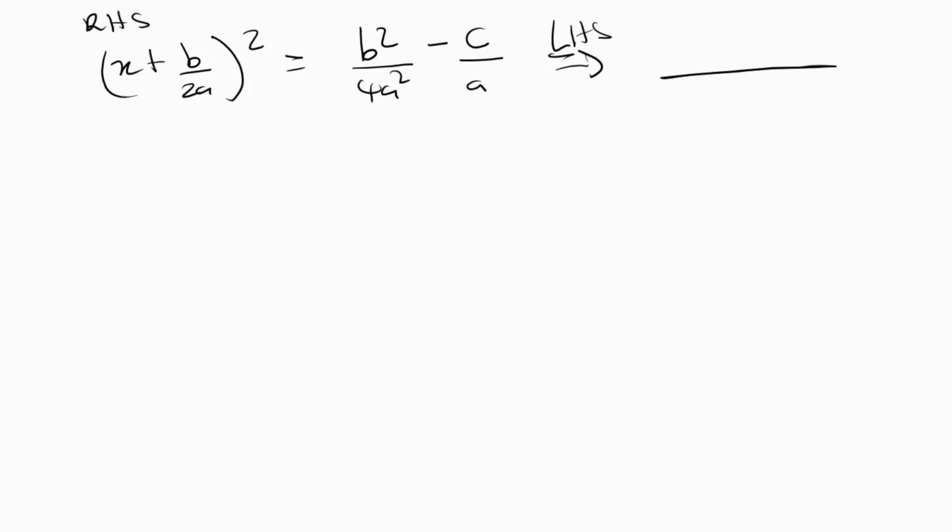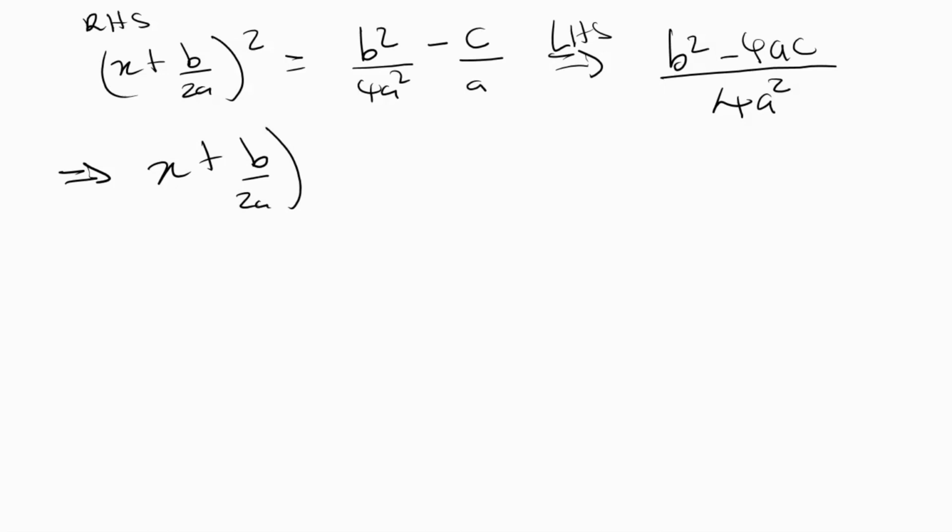We can simplify that to the common denominator 4a squared, so this becomes b squared minus 4ac. So we can rewrite this as x plus b over 2a squared is equal to b squared minus 4ac over 4a squared.